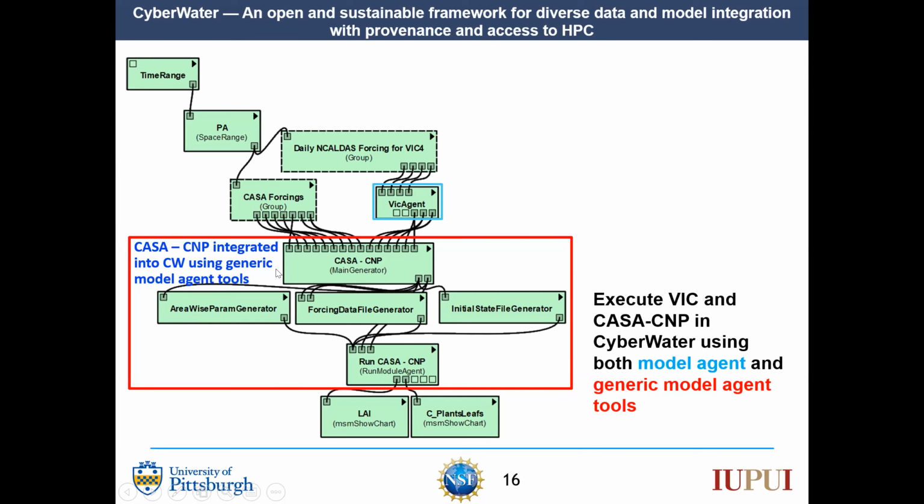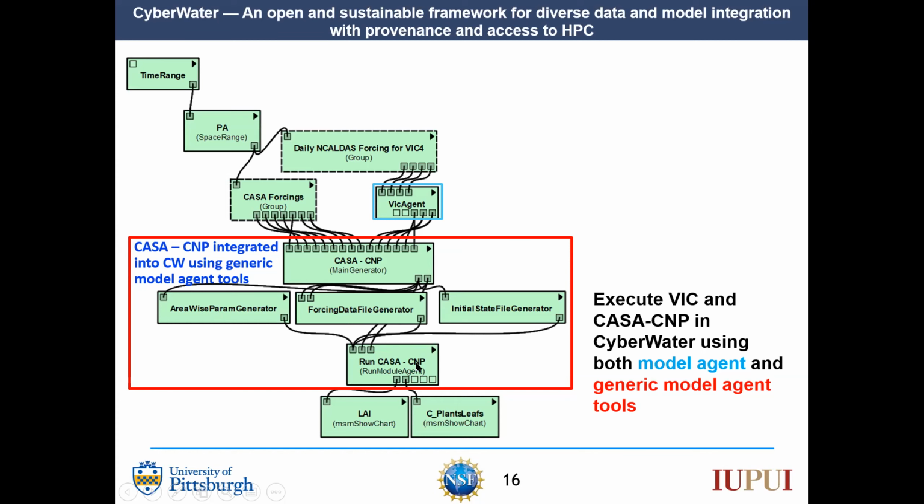What I want to also bring your attention to in this example is that you notice we have a module here, which is a component of the constructed CASA model agent. It is called run module agent.